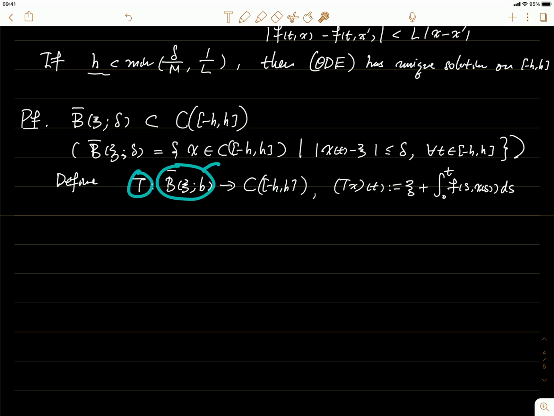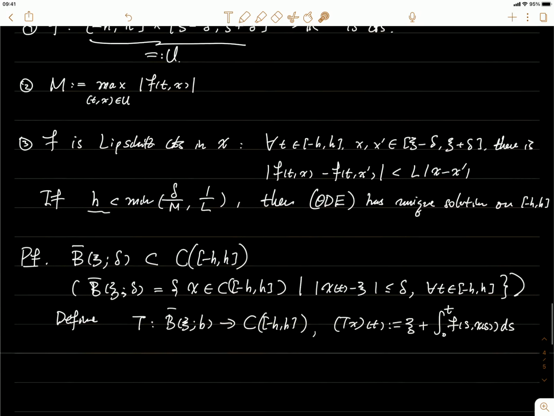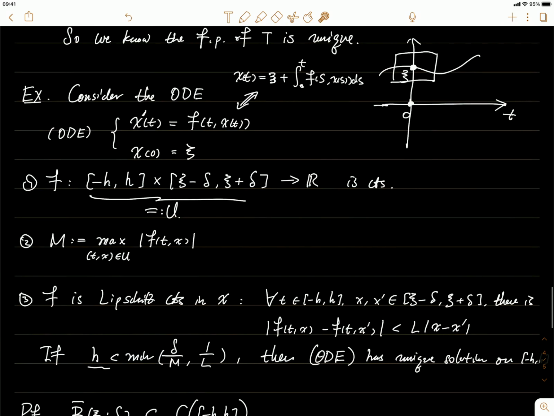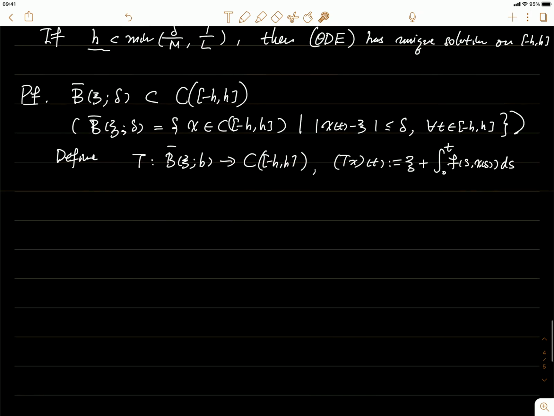So this will be our X like before, and the distance is just inherited from the distance of the C. We're going to show that T is a mapping of this to itself, and we're also going to show that T is a contractive mapping on that. With these two, we can apply the Banach fixed point theorem to show that there is a fixed point of T, and that fixed point is a function that solves this ODE. Okay, so that's our idea.